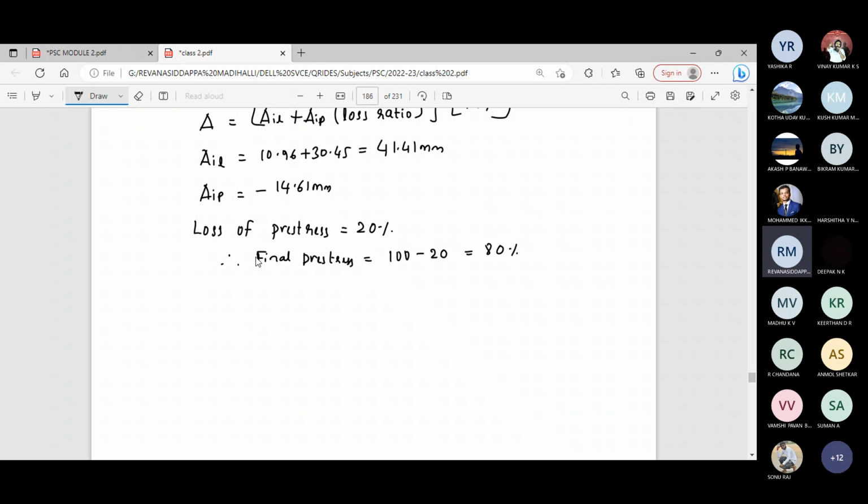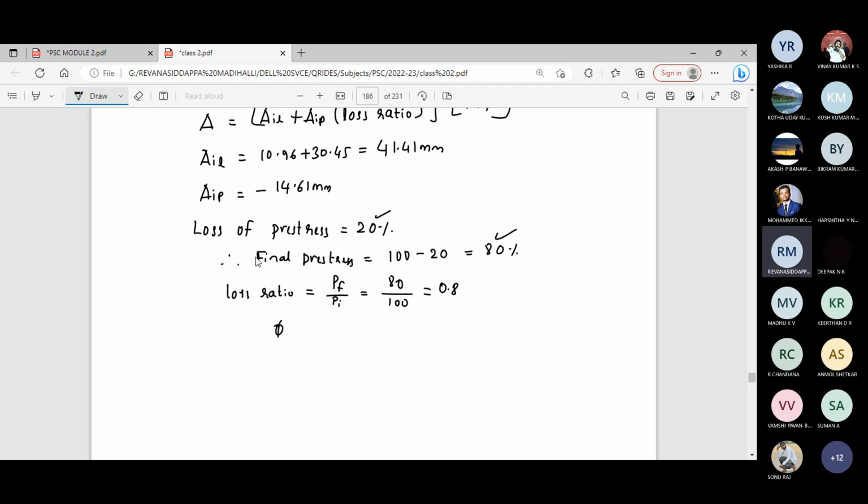Initial pre-stress, if you assume it as 100%, in that 20% loss has happened, so the final pre-stress will be 80%. The loss ratio is equal to PF by PI. Final pre-stress is 80, initial pre-stress is 100, so it is 0.8. Or else you can convert 80% as 80 by 100, which is 0.8. Like that also you can calculate the loss ratio.